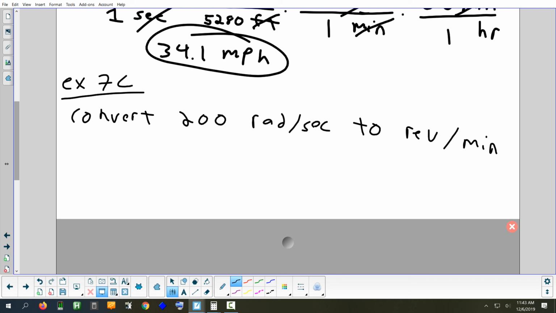All right, 200 radians per second. That means your object is spinning around 200 radians every second. And we want to convert that to revolutions per minute. Let's do the time unit first. Elias, where would seconds have to go?